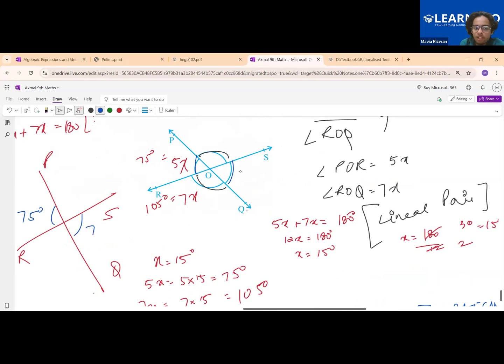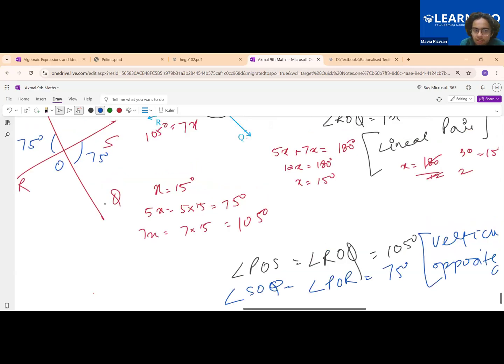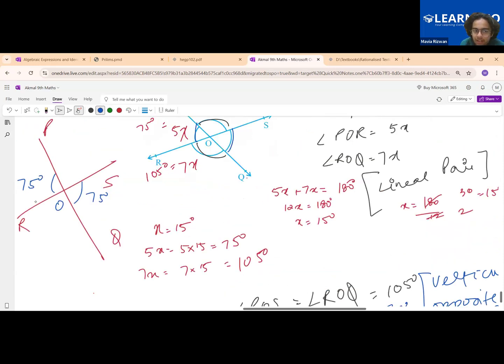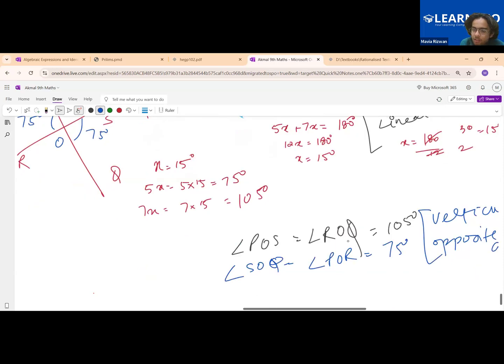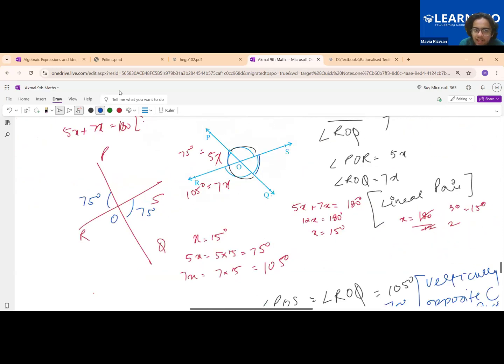Very simple. Same as I did here. If this is 75, I wrote angle SOQ is equal to angle POR, both are equal to 75. The reason is vertically opposite angles. Similarly, if we know this angle is 105, this would also be 105. Clear now? How did we do it? Vertically opposite angles.